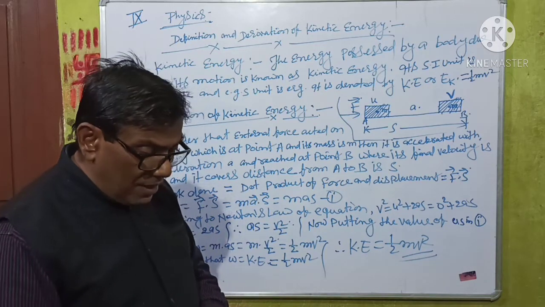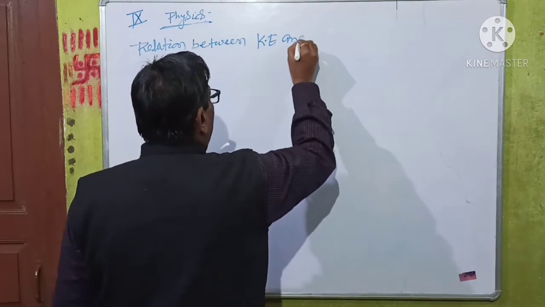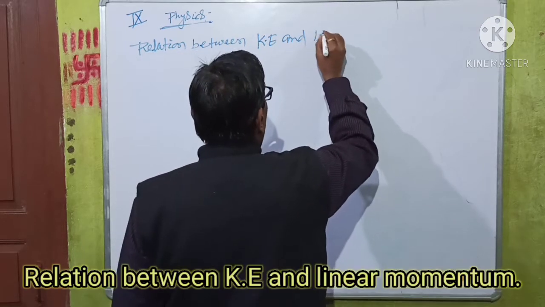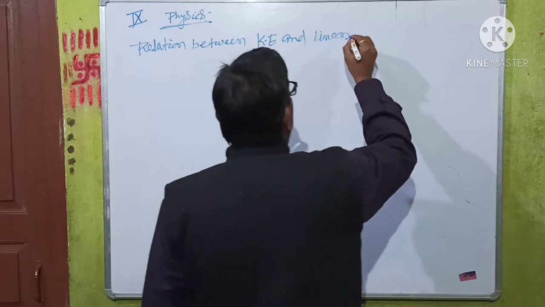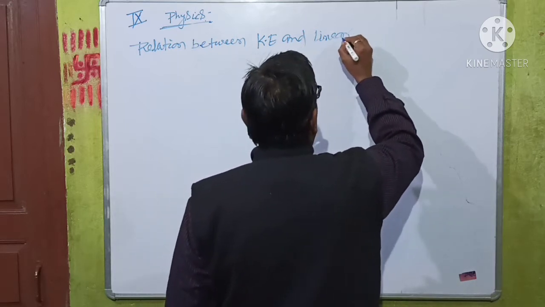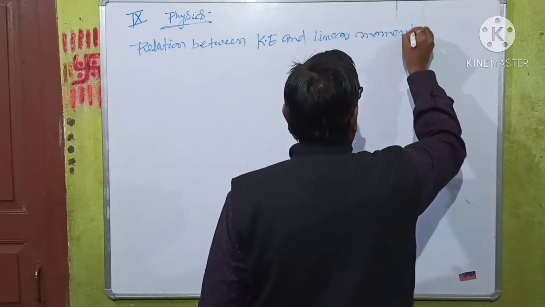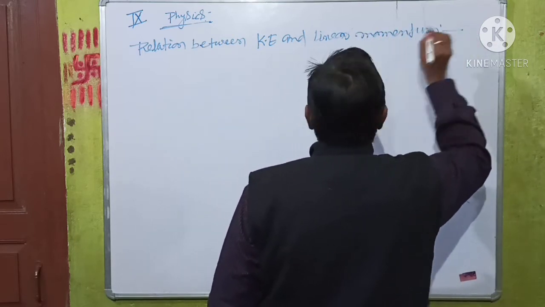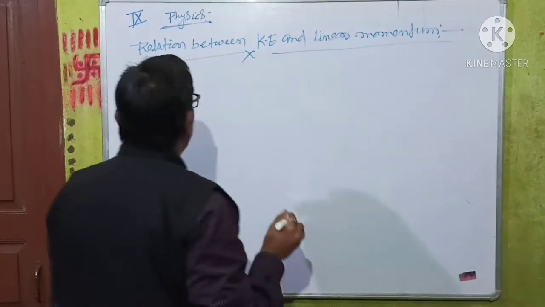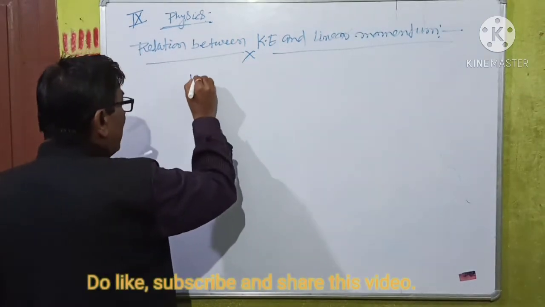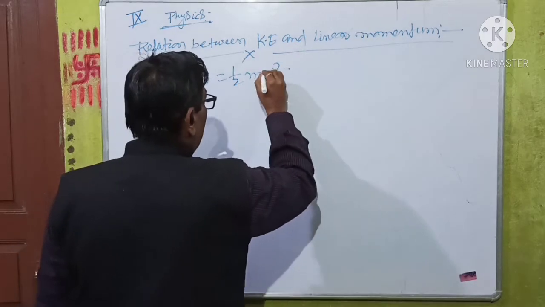Now we shall discuss the relation between kinetic energy and linear momentum. We know that KE is equal to half mv squared.